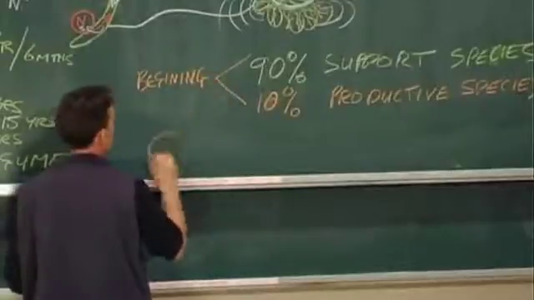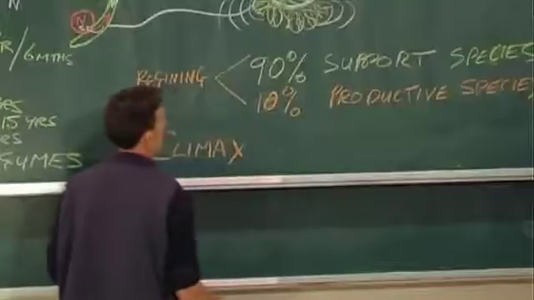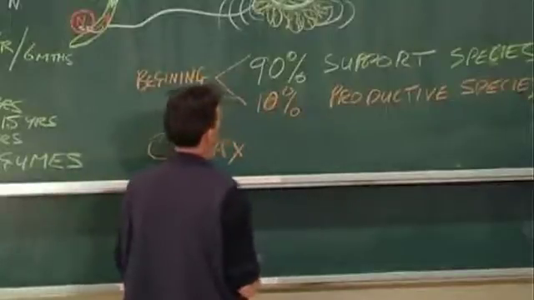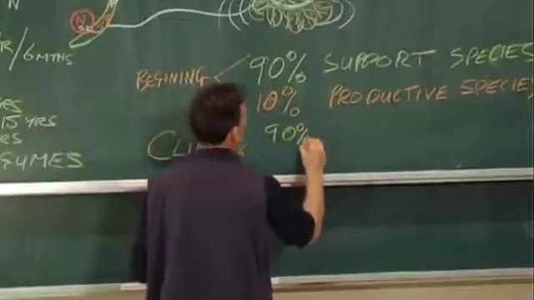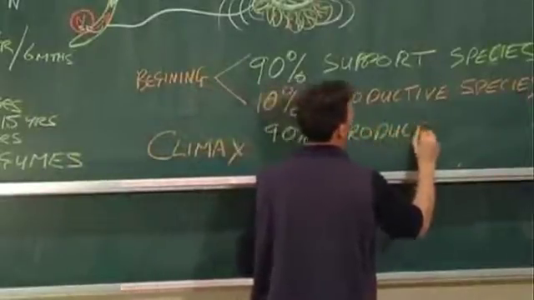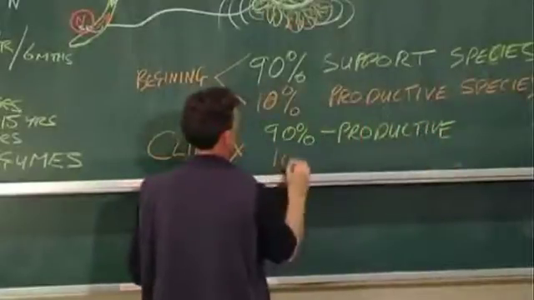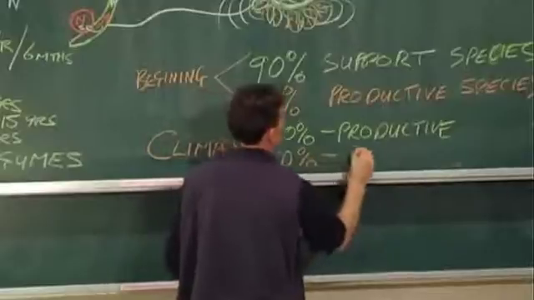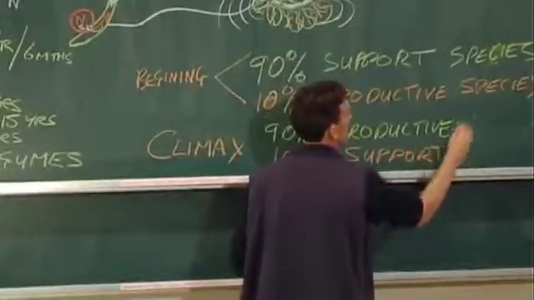And at climax, right, it's the other way round. It's 90% production and 10% support. They've switched in mass.